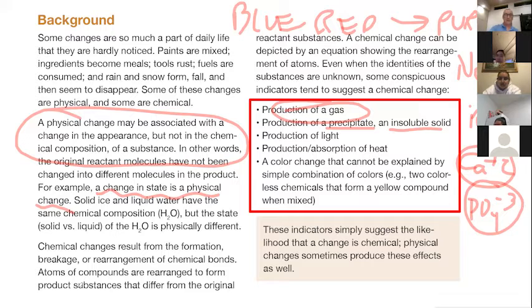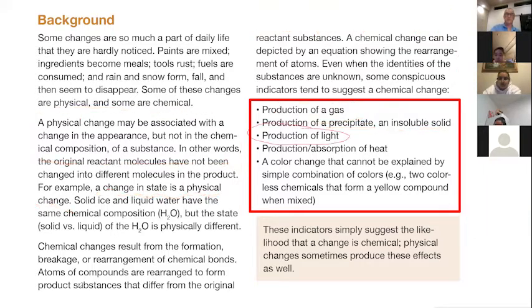Another one is light being produced. That is really common, actually. Like, think of a fire. Light is being produced. That comes with the movement of electrons. That's where the light comes from. Electrons moving up and down in those energy levels that we've been talking about for like the last week or so.